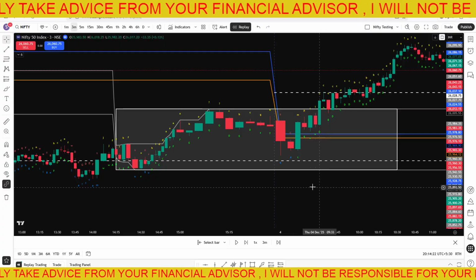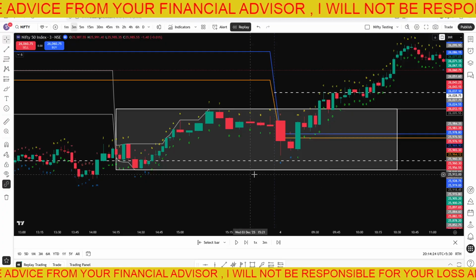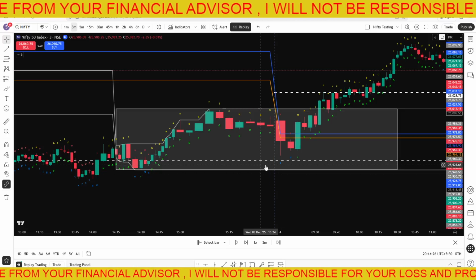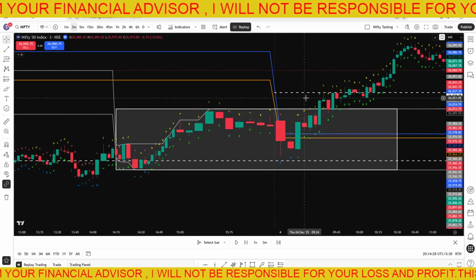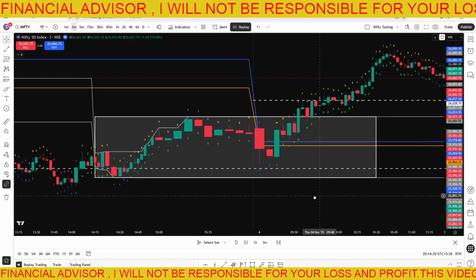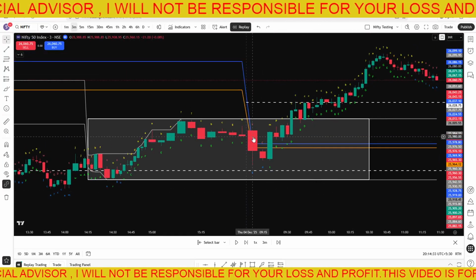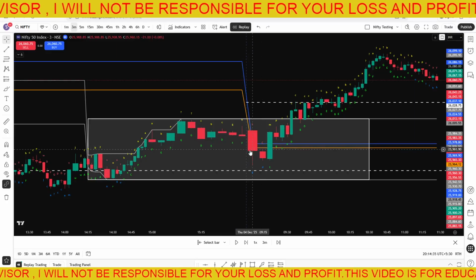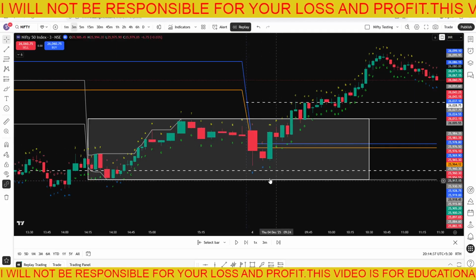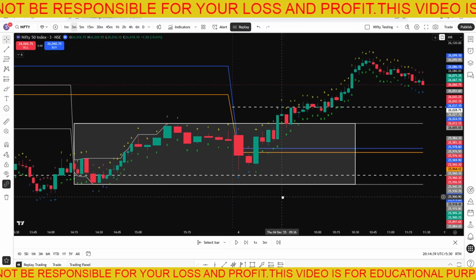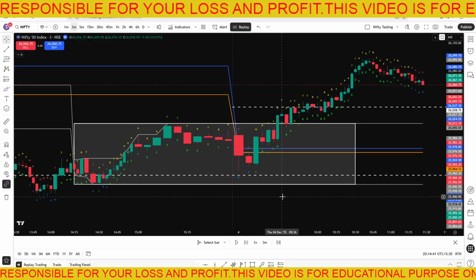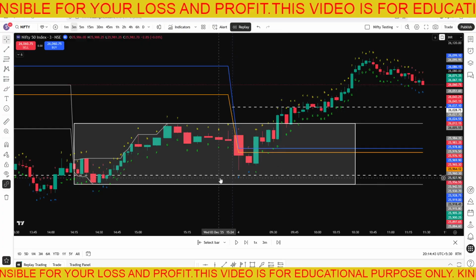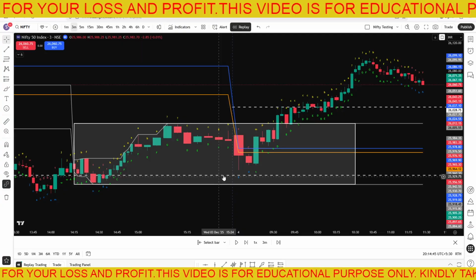Okay, in this one, price is above the POC. Okay, within the smart money zone, okay, and price is below this pivots, right? But as we can see, POC is showing bullish, right?